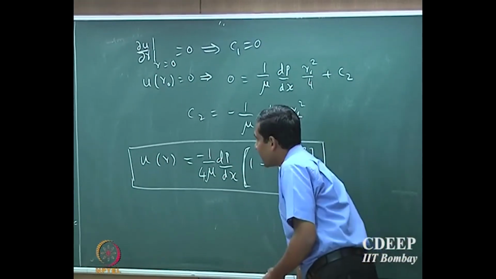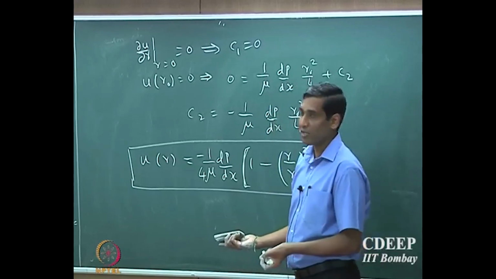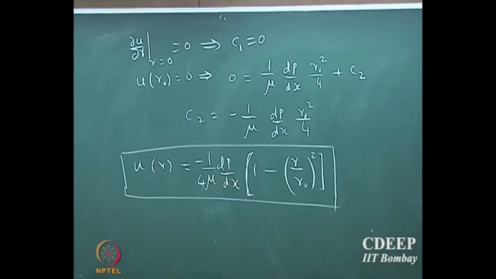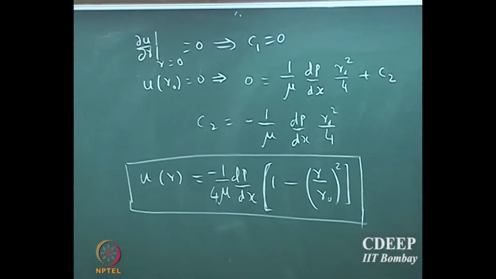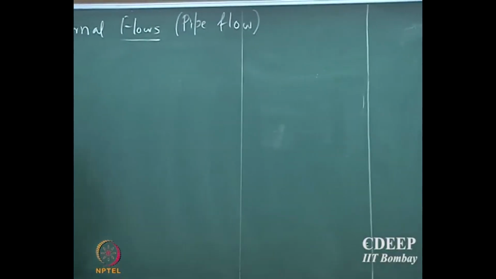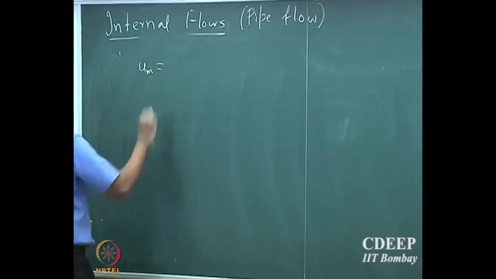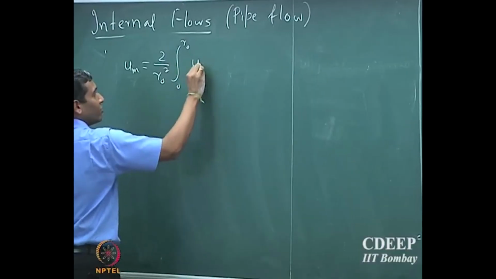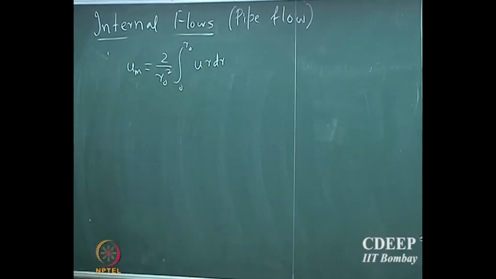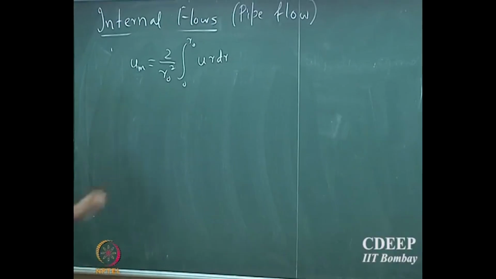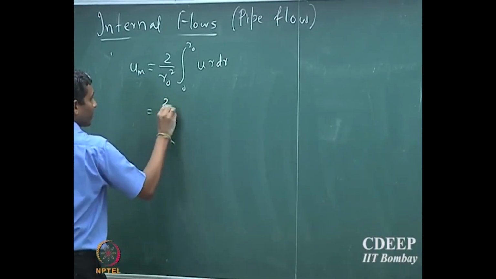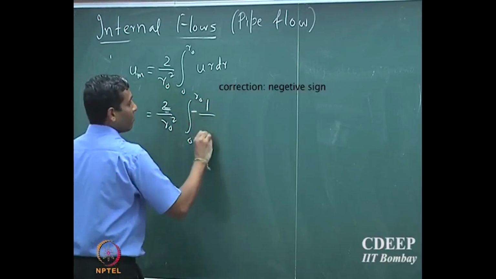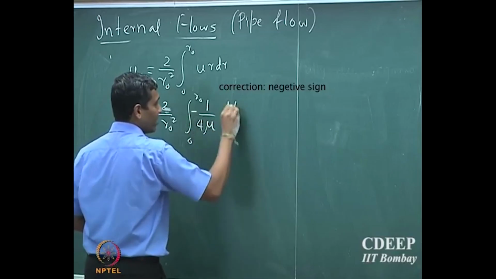So from here, now we should be able to find out the average velocity, which is the mixing cup velocity, is 2 by r naught square integral 0 to r naught u into r dr, right? So I can substitute now the velocity profile. So that will be 2 by r naught square, integral of 1 by 4 mu dp by dx.